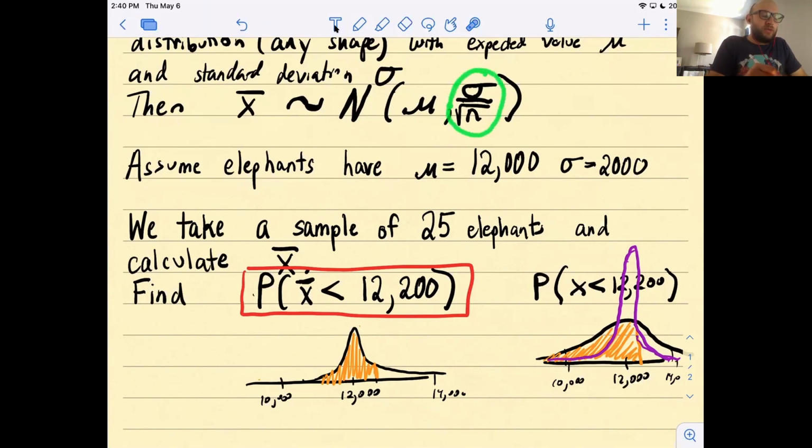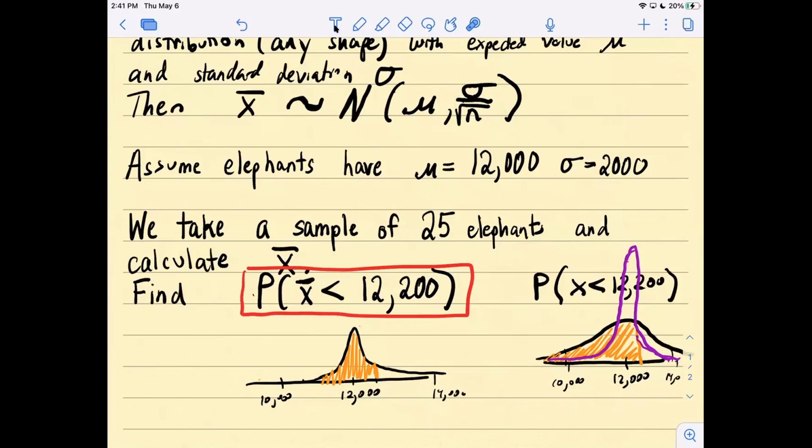The sigma for X bar becomes the original sigma divided by the square root of n. And whenever you make the standard deviation of a bell curve smaller, it makes the bell curve itself much more narrow. If you have a really narrow bell curve, it's saying that most of the data falls really, really close to the actual average.